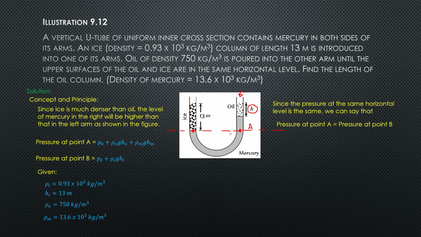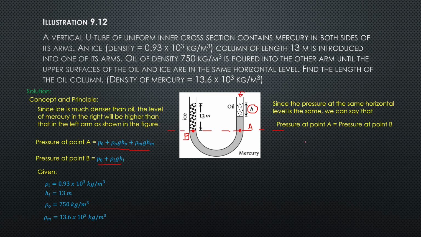Now since the pressure at the same horizontal level is the same, the pressure at point A and the pressure at point B are equal. Pressure at point A gives this equation, and pressure at point B gives this equation.